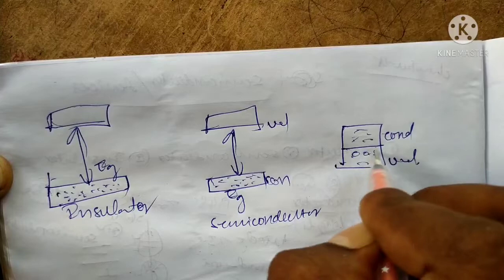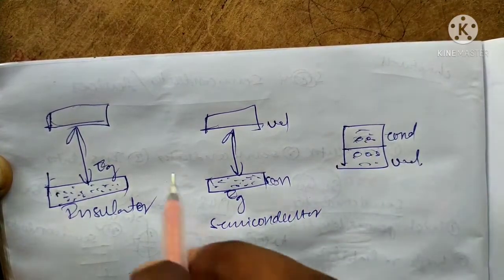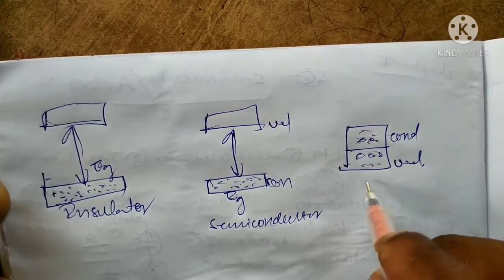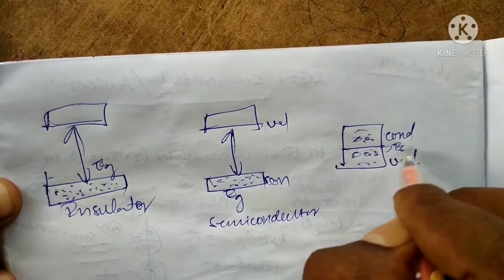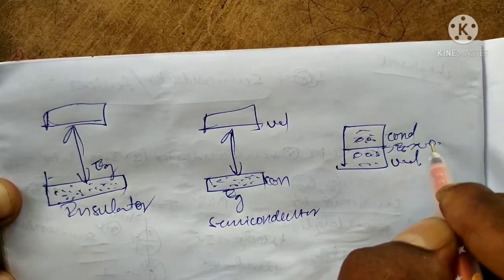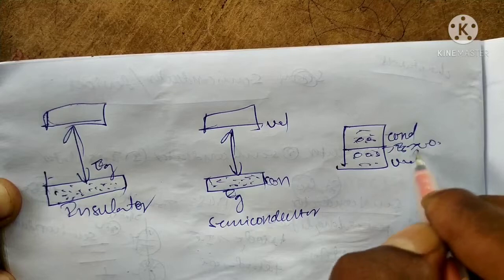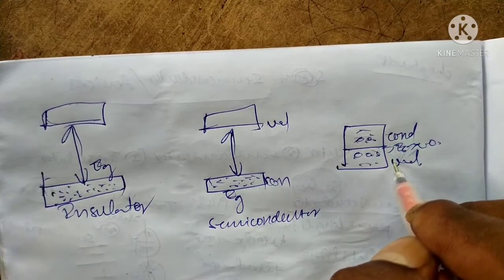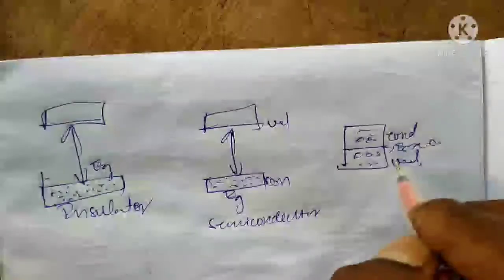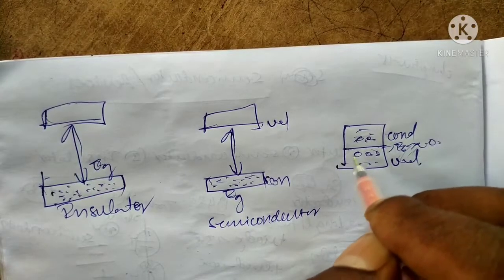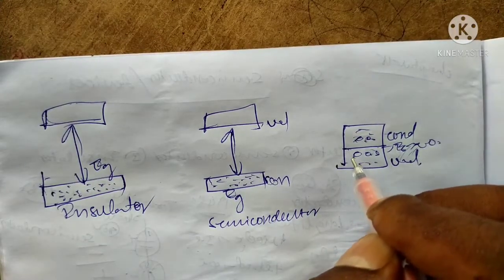In the case of conductors, the energy gap is almost 0. That means the flow of electrons increases and there are more electrons.